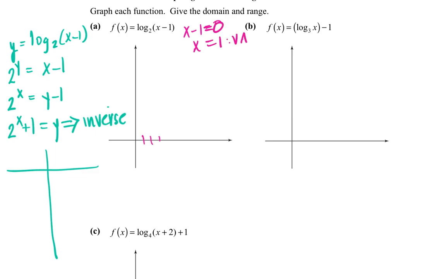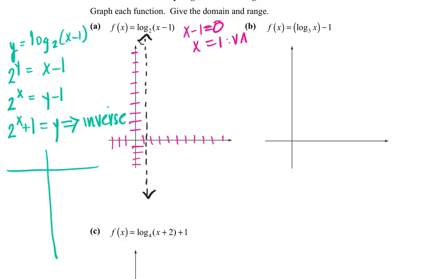So I'm going to find x equals 1. So there is our vertical asymptote.